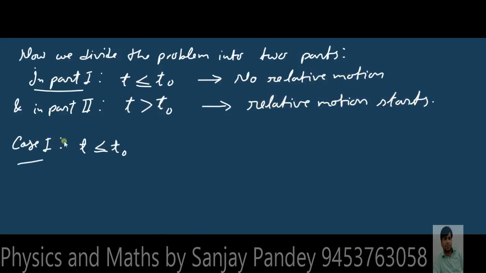Case first, t is less than t0. In this case, there will be no relative motion, so both bodies can be considered as a single system. Suppose the acceleration of each body is a.